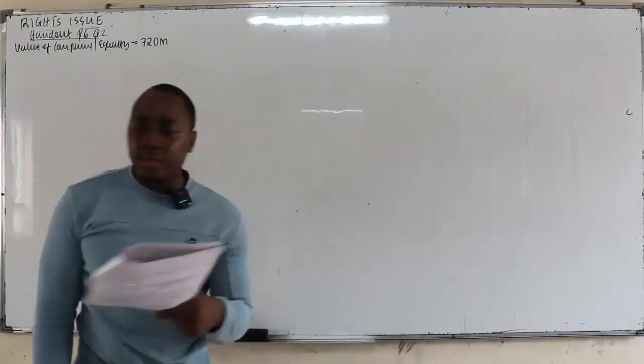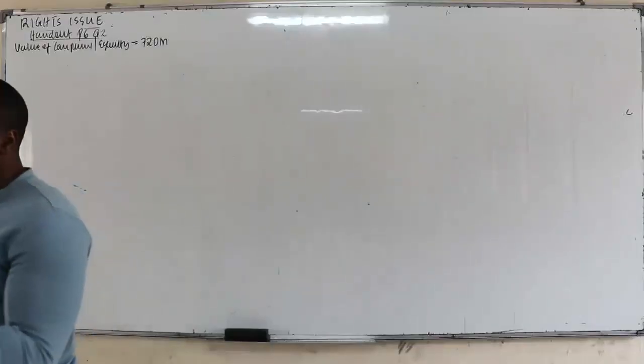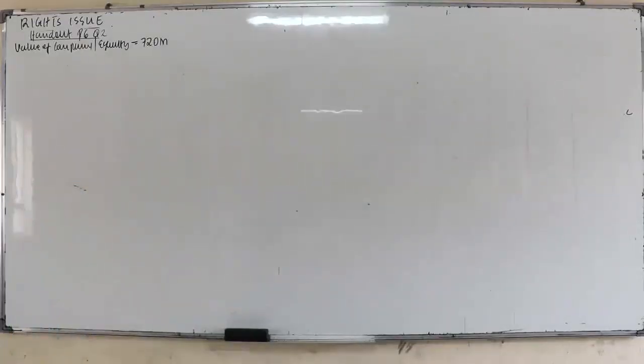The company seeks to raise 120 million through the rights issue to finance a new project. The current market price per share of the company prior to the announcement of the rights issue is 30 shillings. The proposed offer price is 25. Good. So that means how many shares do we have?